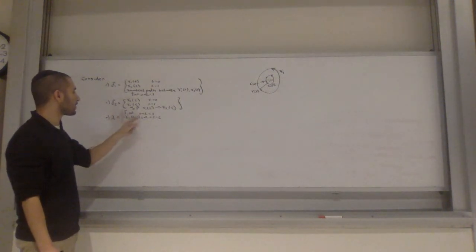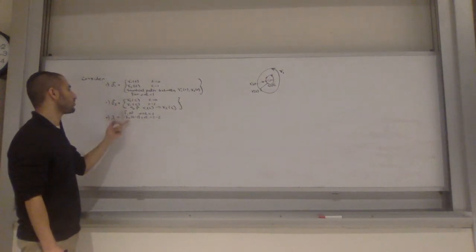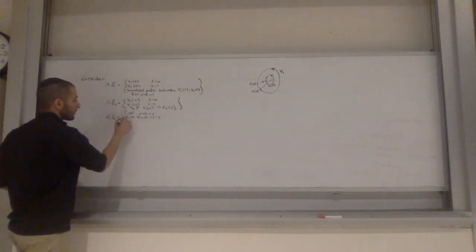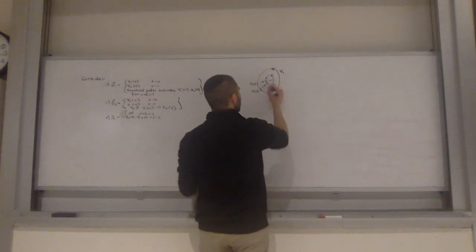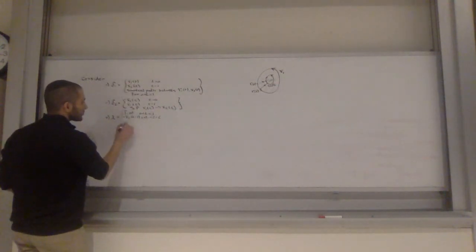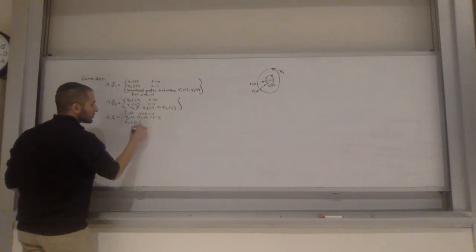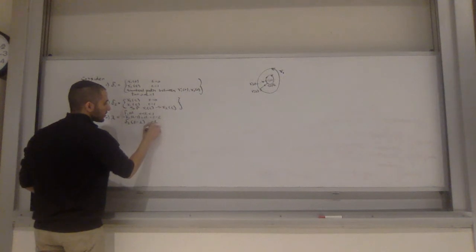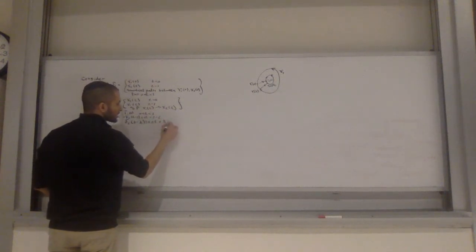So gamma 2 of 1 minus epsilon is the same as saying gamma 2 of epsilon if we're going in the reverse direction. Okay? And then what it is over here, it's this delta 2, t minus 2, and this over here is t greater than or equal to 2 minus epsilon, less than or equal to 3 minus epsilon.